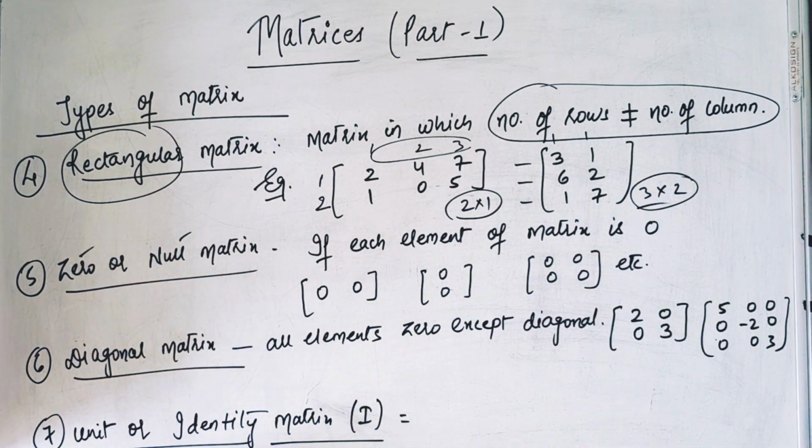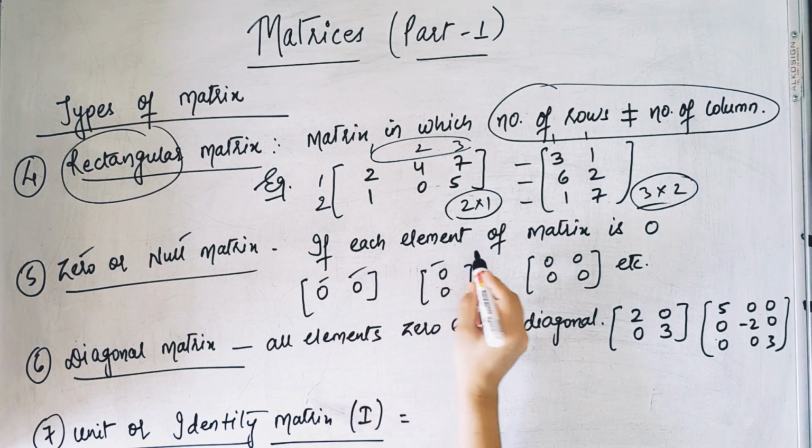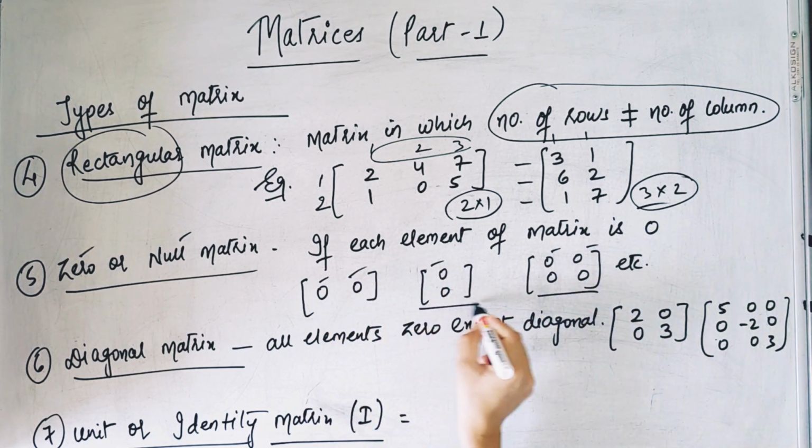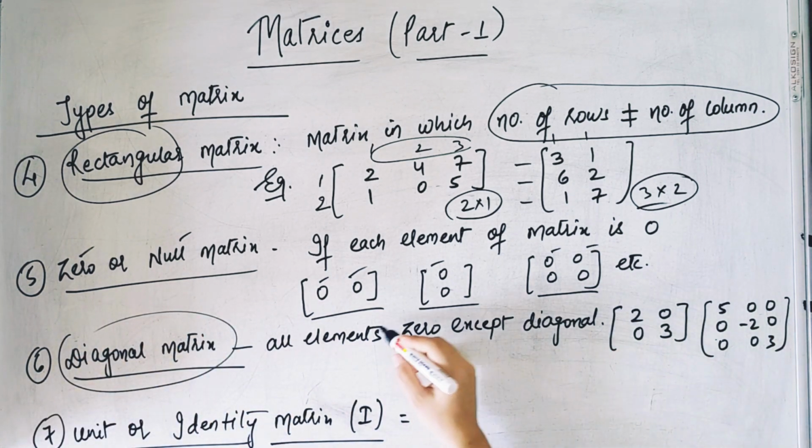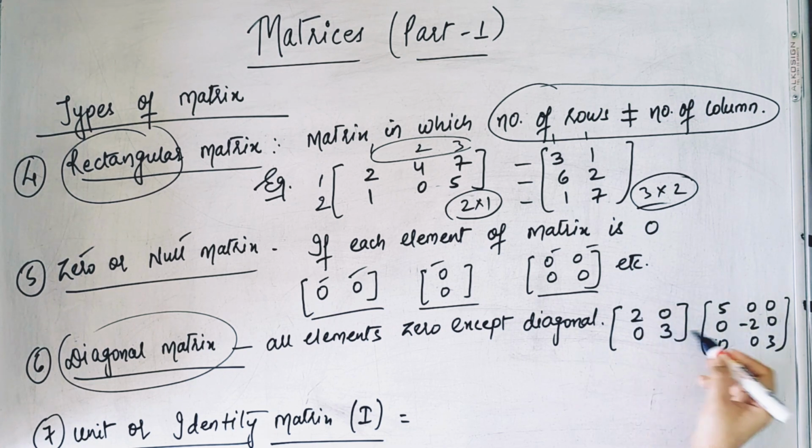A 0 or null matrix: if each element of a matrix is 0, it is known as a 0 or null matrix. Diagonal matrix: all elements are 0 except the diagonal. So except the diagonal, all elements are 0, so what do we call it? A diagonal matrix.